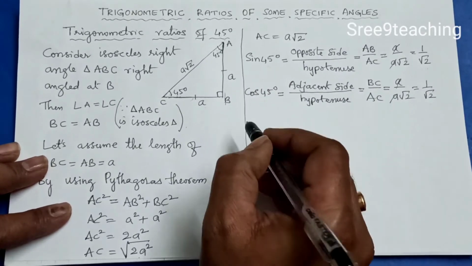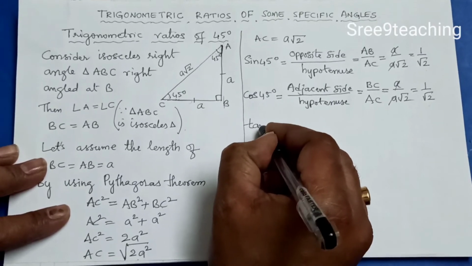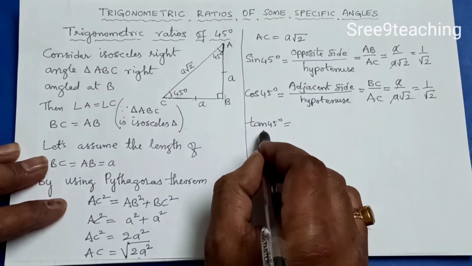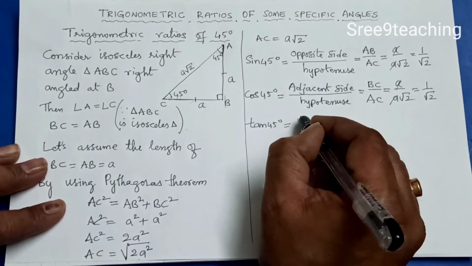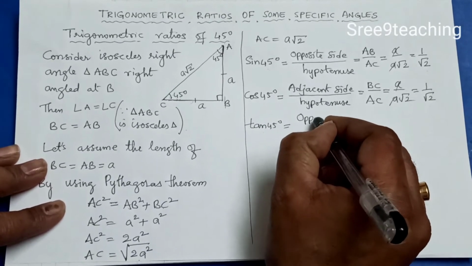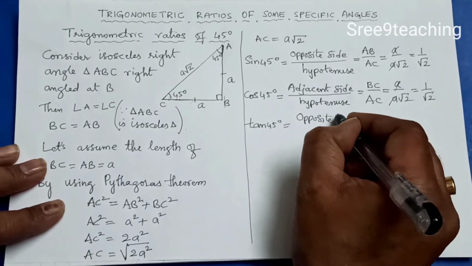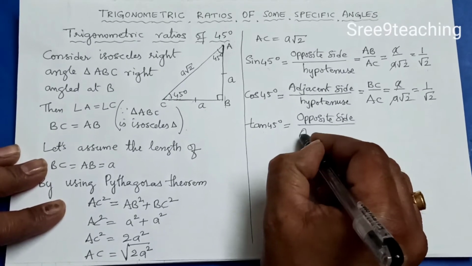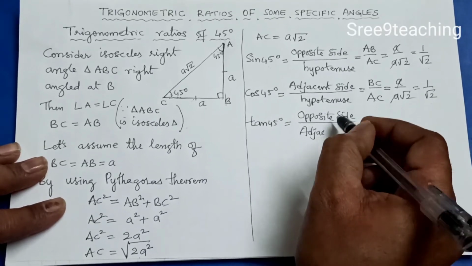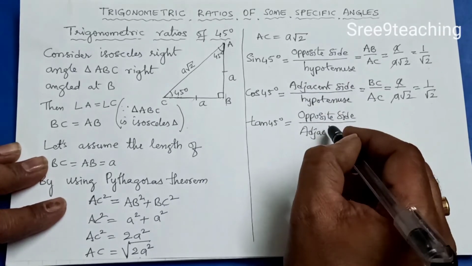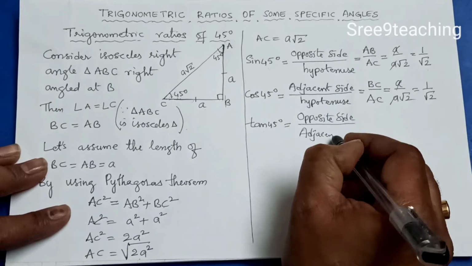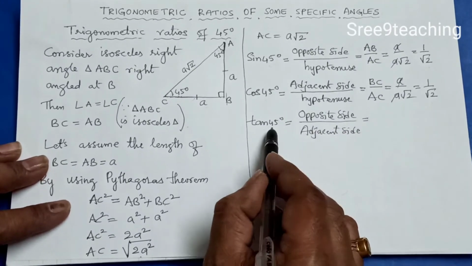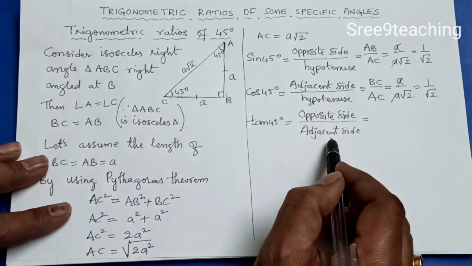Now we are going to find tan 45 degrees. What is the trigonometric ratio for tan? It is the opposite side to the angle 45 degrees by the adjacent side. I am writing simply in terms of sides. With respect to the angle you are taking, you have to consider which is opposite and which is adjacent.